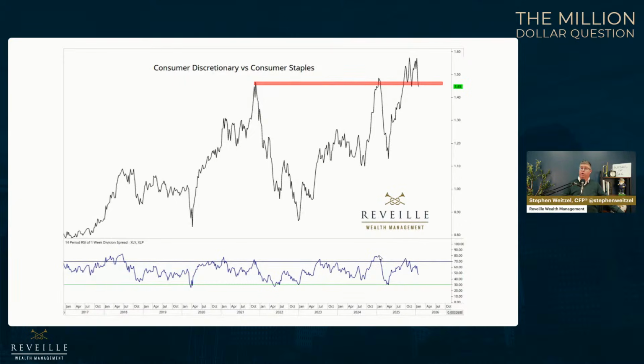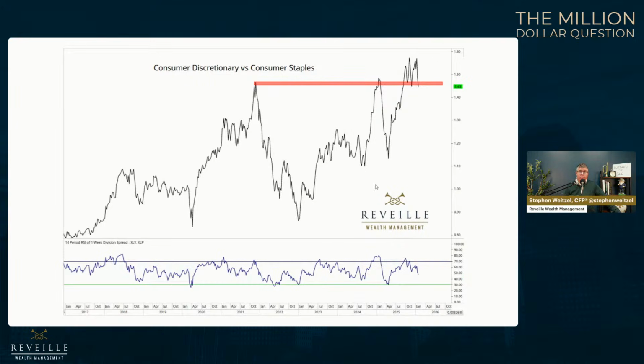Maybe the stock market is doing well. When the shoe's on the other foot, the last time we saw staples outperforming, when this ratio was pulling down, was in 2022. Not a good time to be a buy and hold investor. Not a good time to have market exposure.